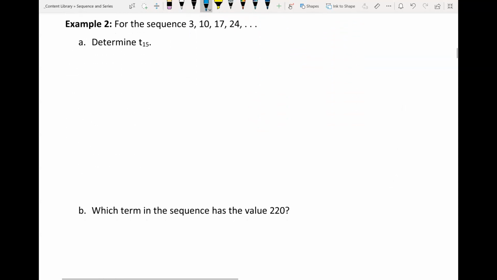Moving on to the next example, for the sequence 3, 10, 17, and 24, we want to determine T15. So I'm going to write down our formula to find the nth term of an arithmetic sequence. If we're looking for T15, that means n is 15. T1 is the very first term in our sequence, and that's 3.